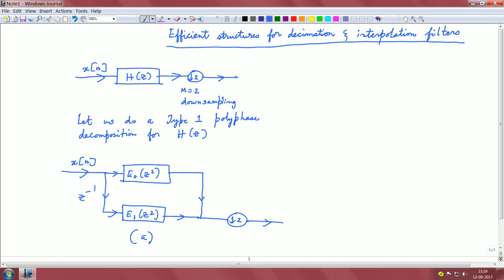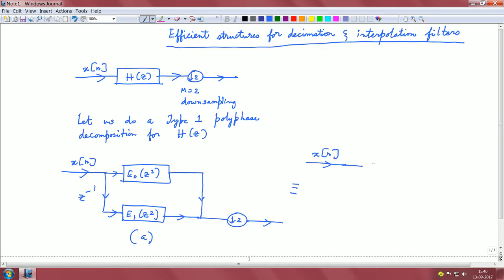Now, this structure is still not giving insights to us, because now we are computing something through this equivalent polyphase representation, but we are still throwing away some samples, right. So, let us see if we can bring this downsampler into each of the branches here, right. So, this is equivalent to the following structure.